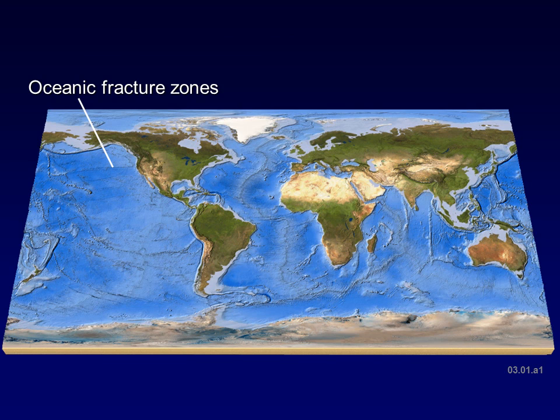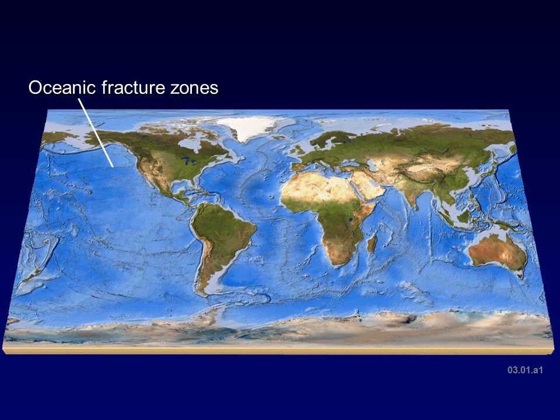So the first feature we're going to be looking at is an oceanic fracture zone. The location is in the ocean. What this is pointing at is the roughly horizontal line going across the ocean.